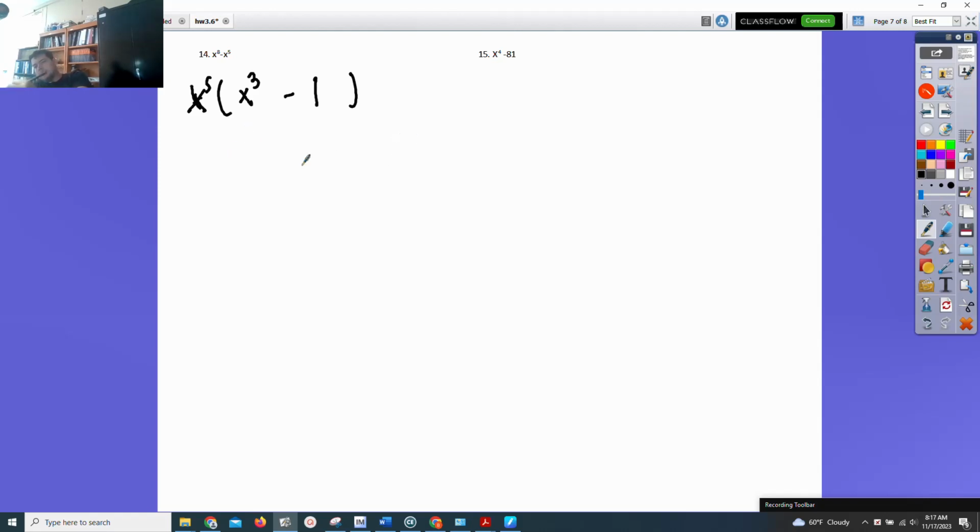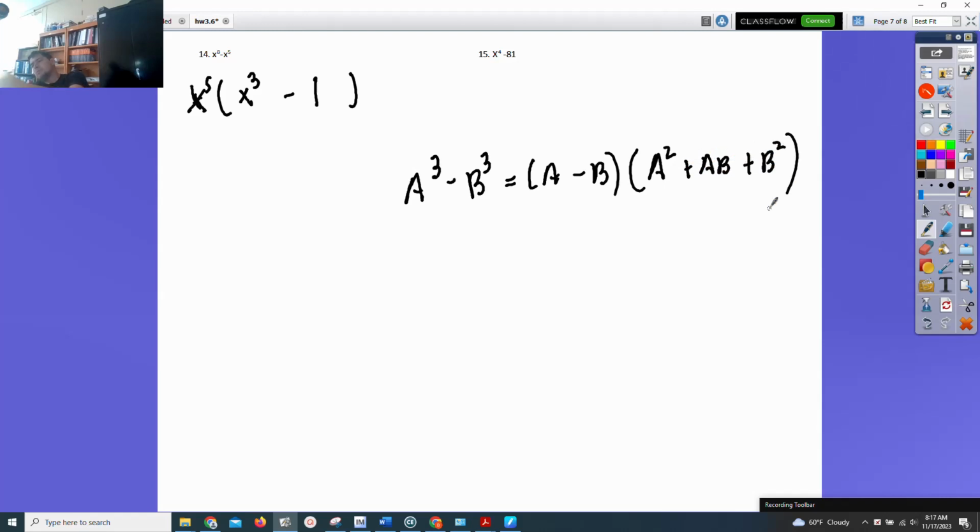So what I'm thinking about now on this one is I have something cubed minus something cubed. Something cubed minus something cubed factors as something minus something times something squared plus something times something plus something squared. When I look at this, I see that A is x because x times x times x is x cubed, and B is 1.